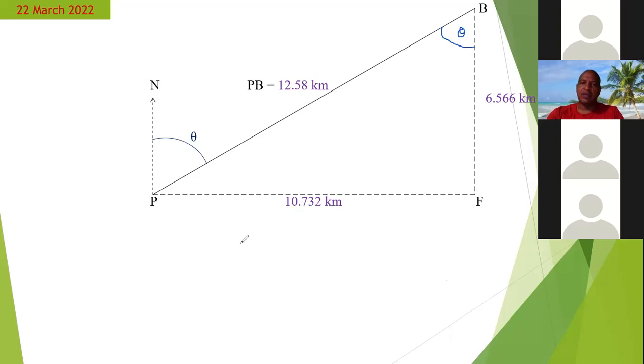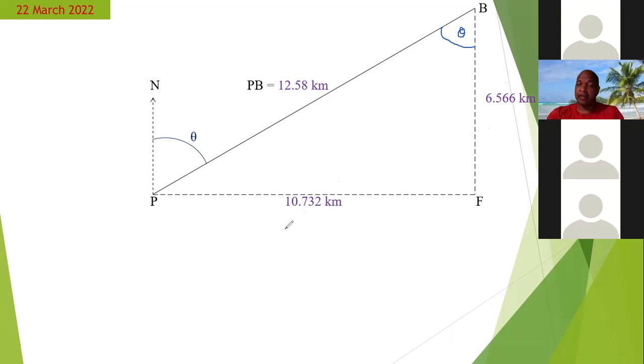So you could use whichever trig ratio you want. Opposite over adjacent would be the tan ratio. Can you use any other ratio apart from the tan? You also know the hypotenuse, so in fact you can use any of the three trig ratios.